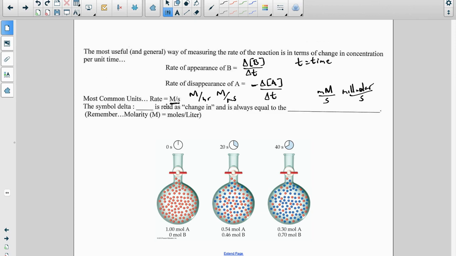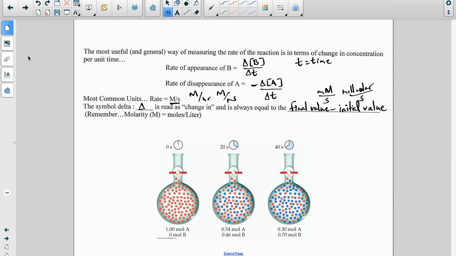So the symbol delta is this triangle. It's read as change in, and it's always equal to the final value, or the final concentration or final rate, whatever we're looking at, final time, minus the initial value. So it's always the final minus the initial.